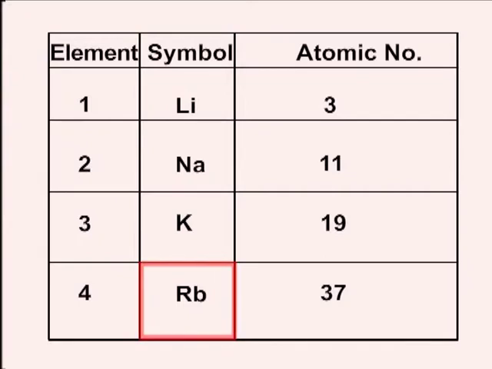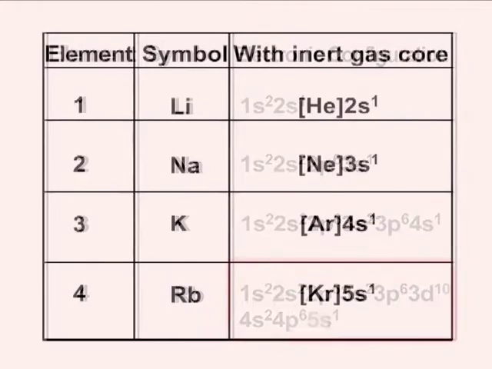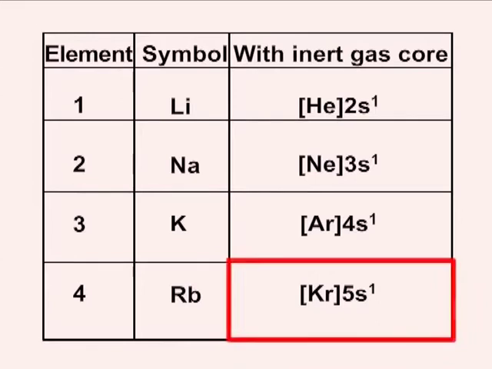Rubidium is represented by symbol Rb. Its atomic number is 37. Its electronic configuration is 1s2, 2s2, 2p6, 3s2, 3p6, 3d10, 4s2, 4p6, 5s1. Its electronic configuration with inert gas core is also shown on the screen.